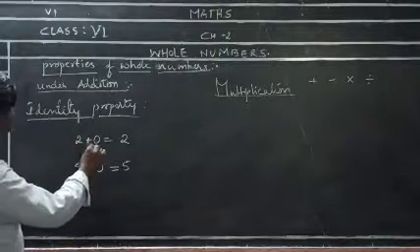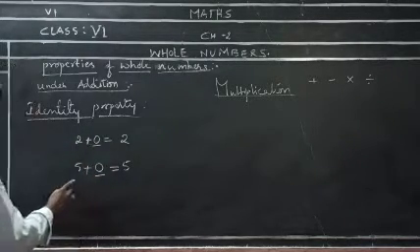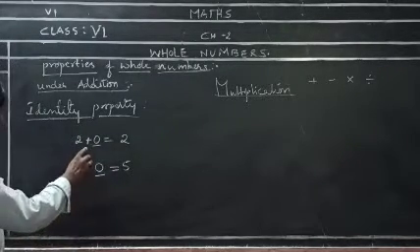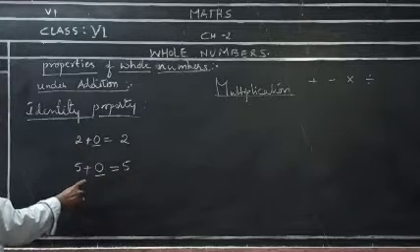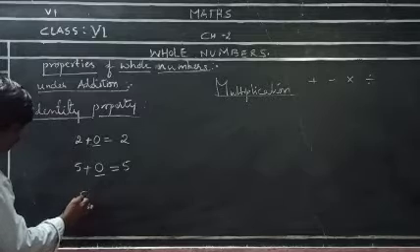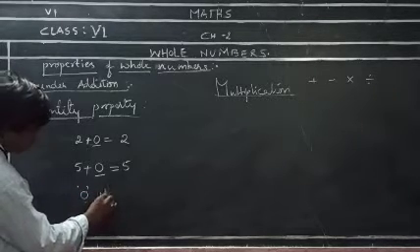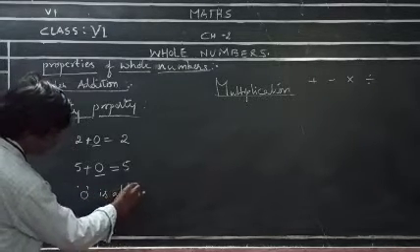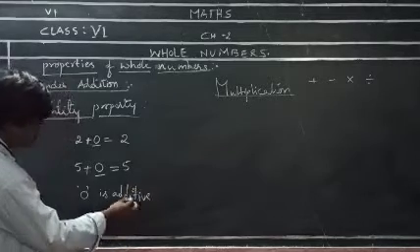Therefore, this 0 is called the identity. Means what operation are we taking? Addition operation. So this 0 is the additive identity. What is 0? 0 is the additive identity. What is the additive identity under whole numbers? 0.